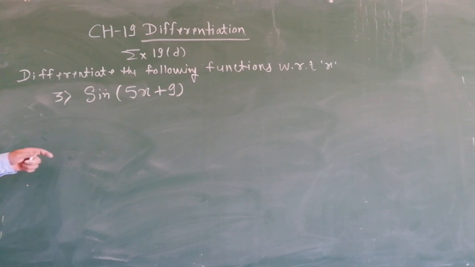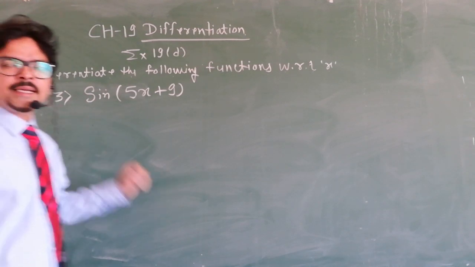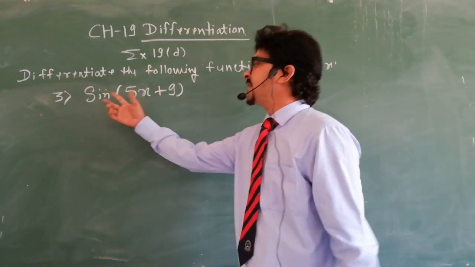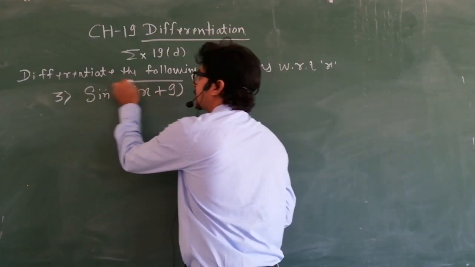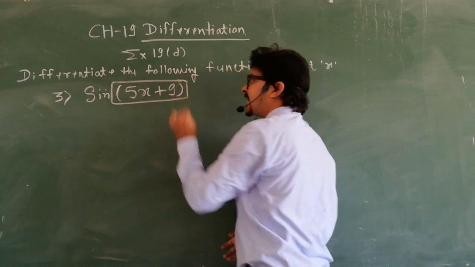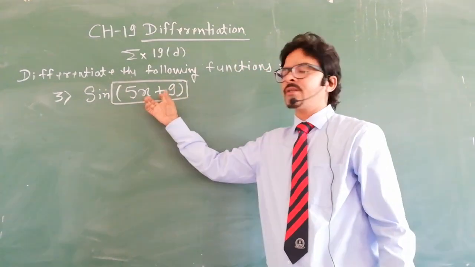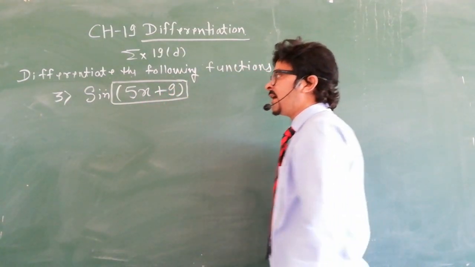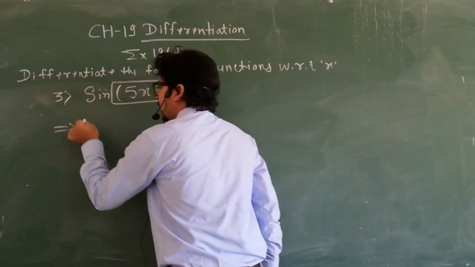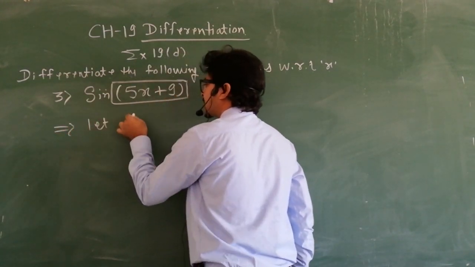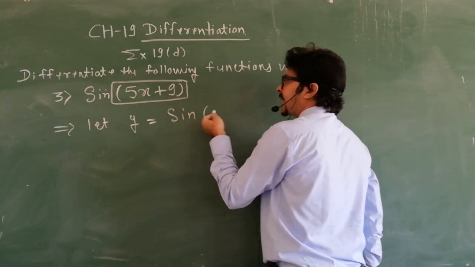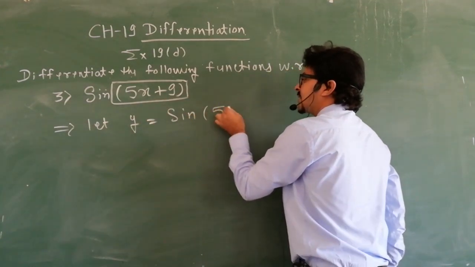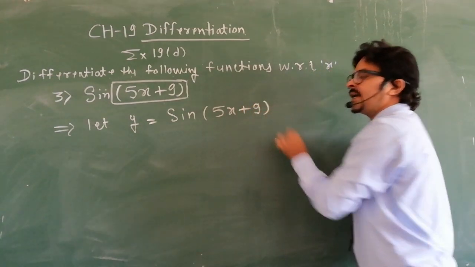Okay students, now we are going to discuss question number 3. The given function is sine, and in place of x it is 5x plus 9. It is again a function of function. So again we will start in the solution. We'll suppose the given function is denoted by small y. The function is sine, in brackets in place of x is 5x plus 9.